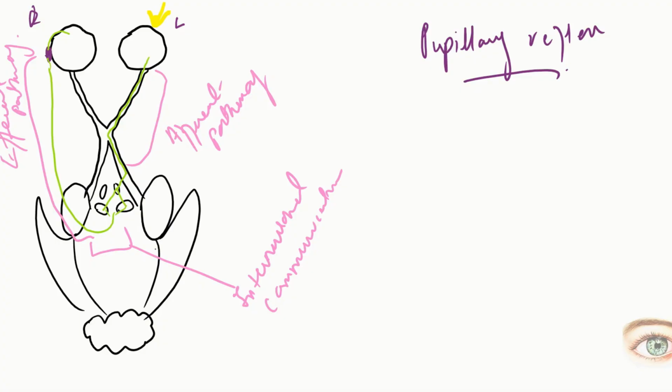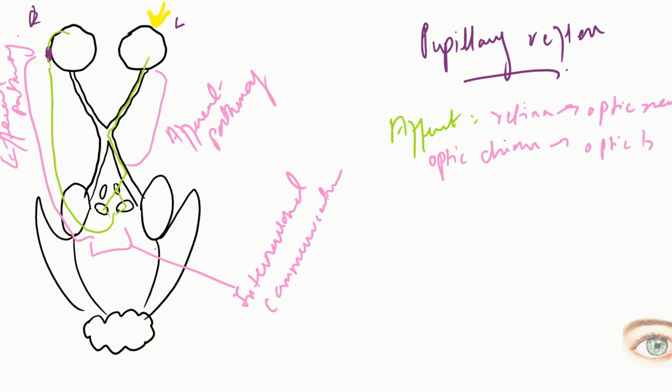So if we write this all down, in the afferent pathway, the stimulus was traveling from the retina to the optic nerve, to the optic chiasm, to the optic tract, and from the optic tract during the interneuronal communication, it was going through the same side pretectal nucleus, right?